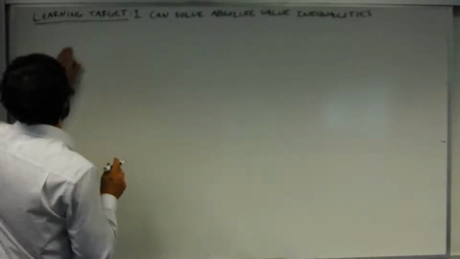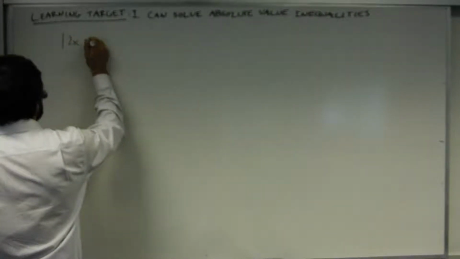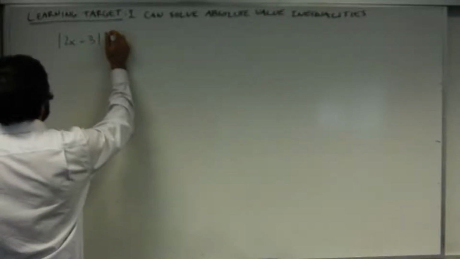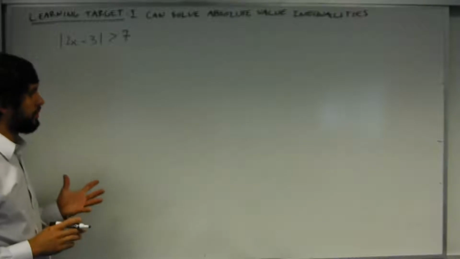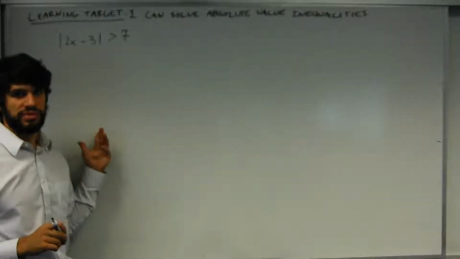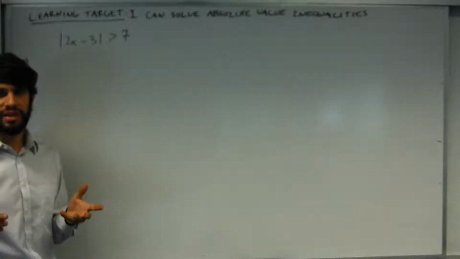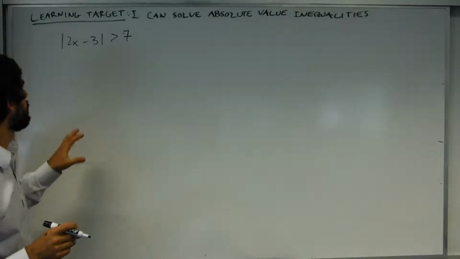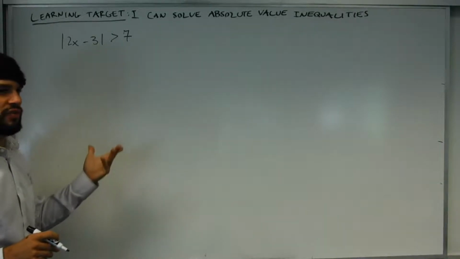So suppose we have absolute value of 2x minus 3 is greater than 7. So we're going to start out just like this was an equation. Our first step is we always want to isolate whatever's inside the absolute value. In this case, it's already isolated for us.